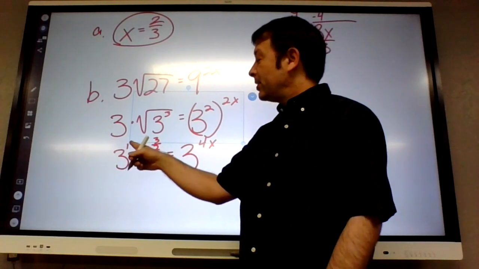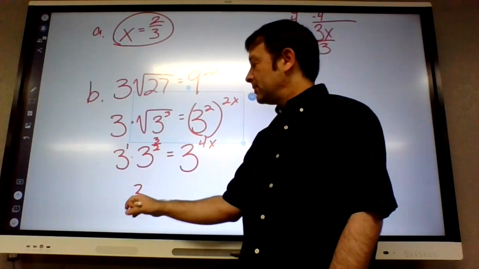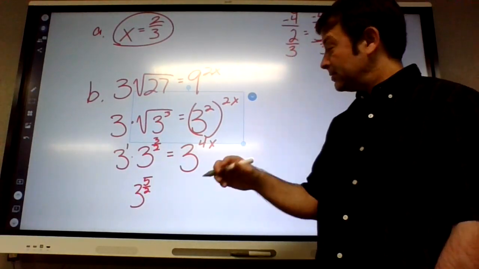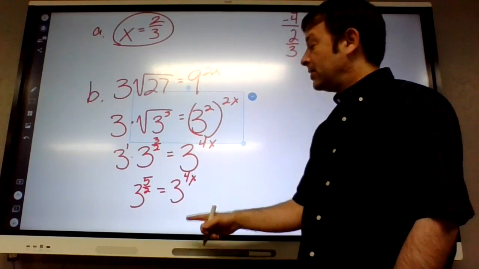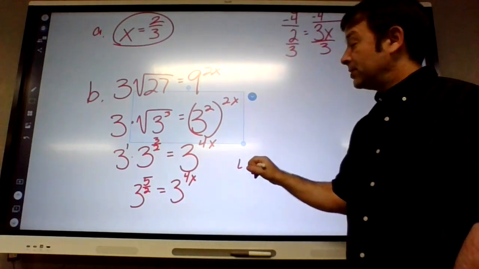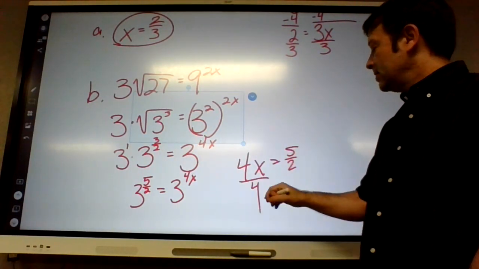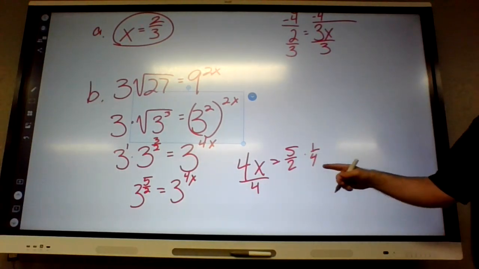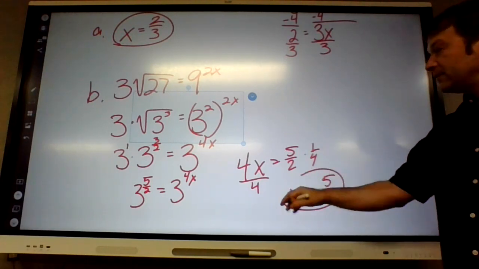Yeah, the bases. Okay, so it's like 2 over 2 plus 3 over 2 is 5 over 2. It's like 3 to the 2.5, 3 to the 5 halves. Okay, now the exponents are equal. Dividing by 4 is like multiplying by 1/4, so it's x equals 5/8.